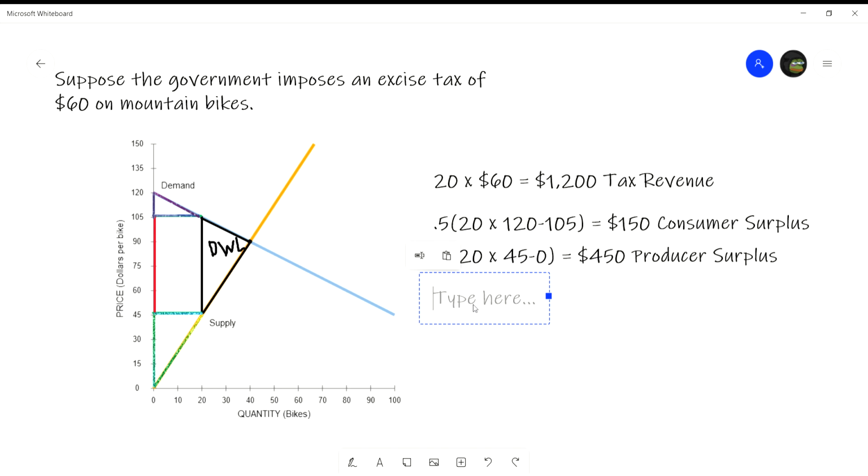And another way we can look at deadweight loss is looking at our total welfare beforehand and our total welfare after, with the tax revenue included.